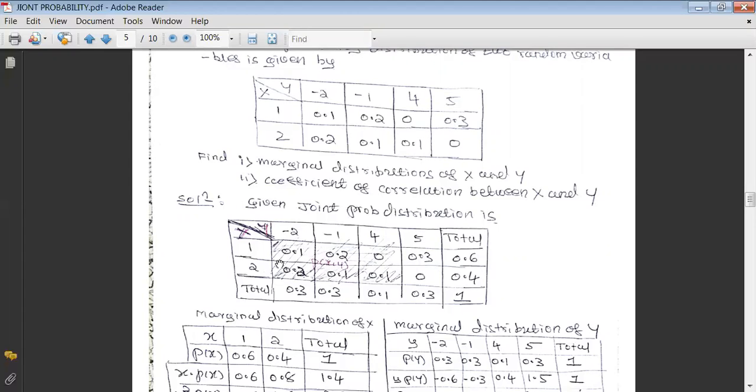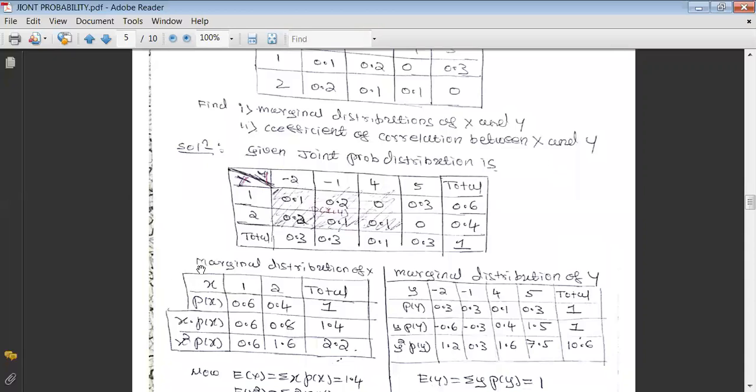Now, what are these row totals and column totals? The row totals indicate the marginal probabilities of the values of x, and the column totals represent the marginal probabilities of the variable y. That's why we can write the marginal distribution of x as well as the marginal distribution of y in this fashion.